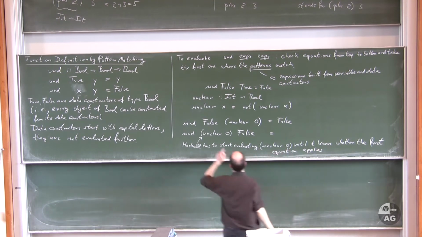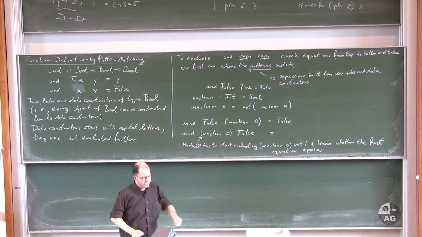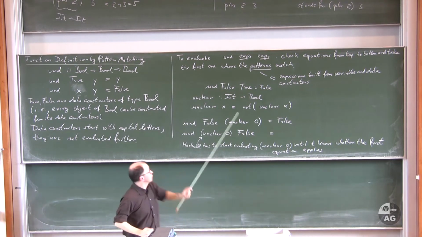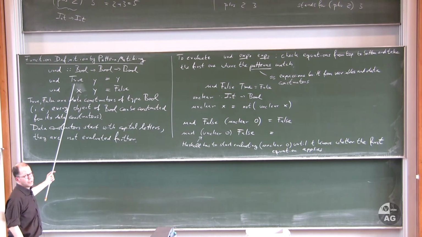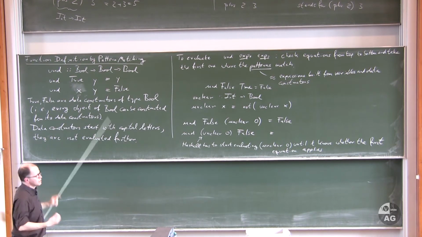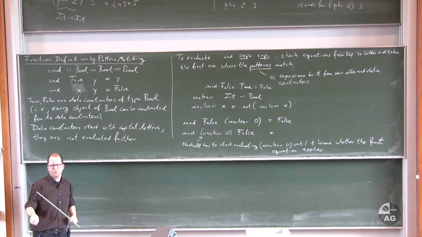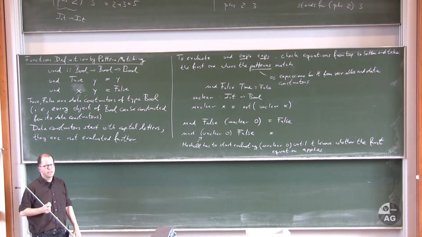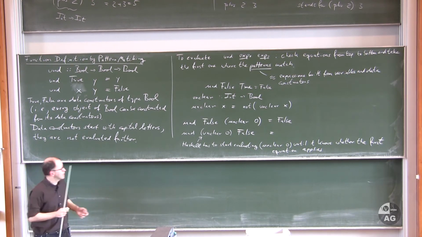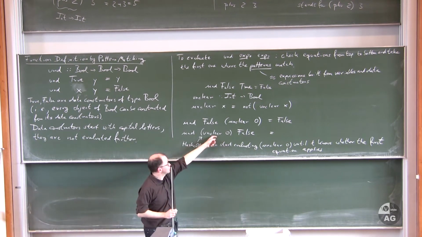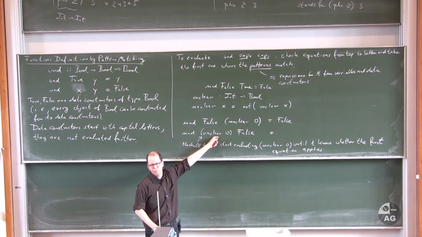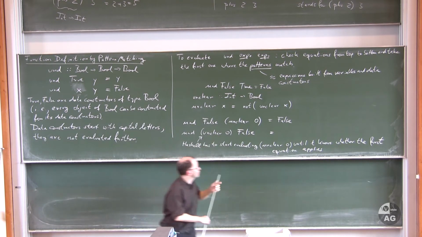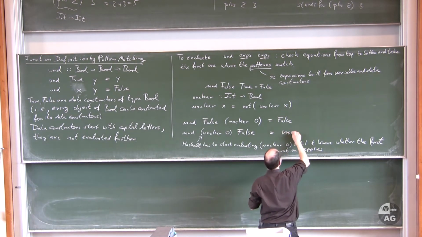And well, Haskell will evaluate it one step, and then we have not of unclear 0 here. And then Haskell still doesn't know whether not of unclear 0 will be true or not. So it starts evaluating a second step, and then it still doesn't know whether it's true or not. And well, it continues like that. So it starts evaluating this, and it never finishes because it would only finish as soon as it knows that this will never be true, or this will be true. But Haskell can't find out, so this is non-terminating.